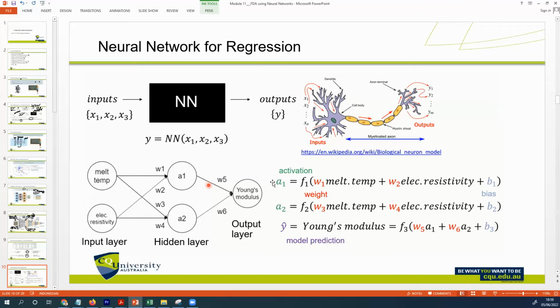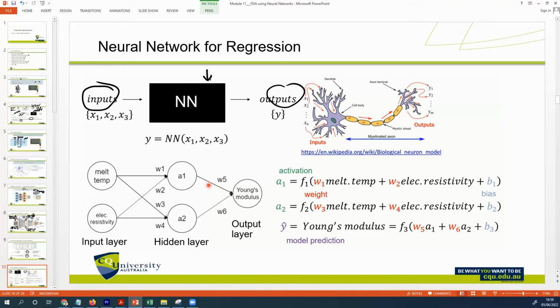So when we conduct regression on top of neural network, the model is like this: there is input, there is output, and there is a black box.